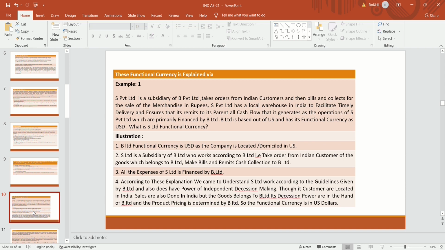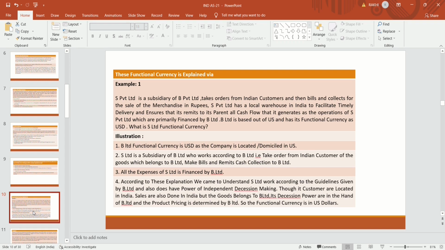All the collection cash flows it transfers to B Private Limited, and all the expenses which S Private Limited incurs are borne by B Private Limited, which is a US based company, and its functional currency is also USD. What was the functional currency of S Private Limited? So we will check what the functional currency was.